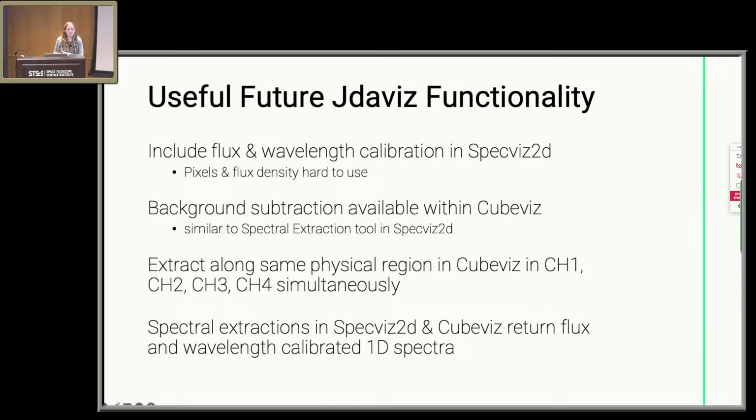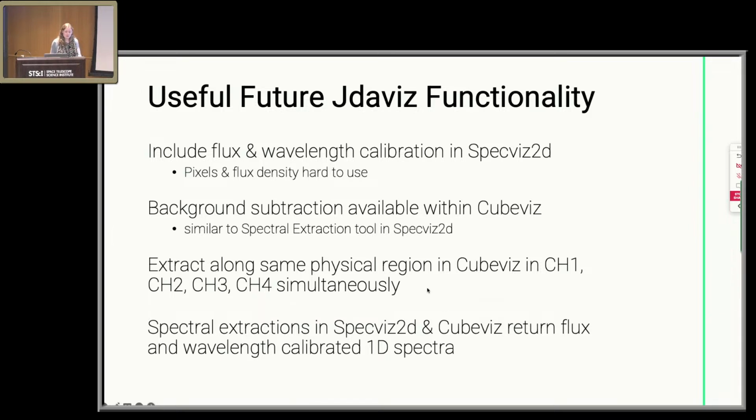Additionally, I've used CubeViz for the MRS data cubes, and I really like that application. I think it's pretty nice, especially for a quick look. But it'd be awesome to have some sort of tool similar to the spectral extraction tool in SpecViz 2D, but with CubeViz, with an annulus for subtracting backgrounds and such.